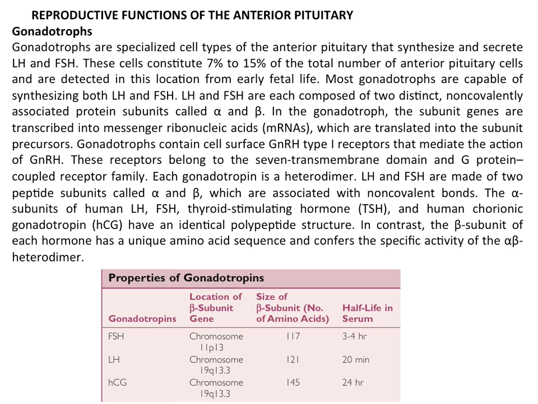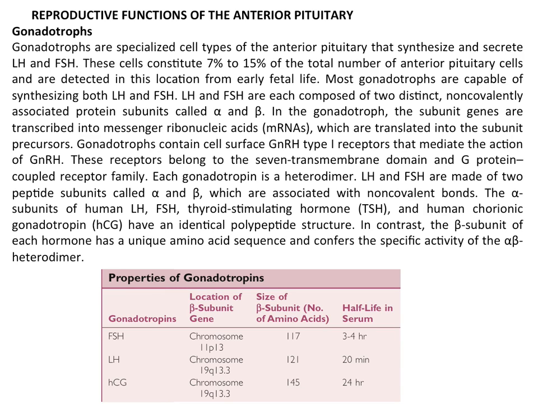Now, reproductive function of the anterior pituitary. The anterior pituitary, as I already discussed, is made up of many gonadotroph cells. So the gonadotrophs are the cells of the anterior lobe of the pituitary which produce two important hormones, that are LH and FSH. And these LH and FSH secretions are activated by the action of GnRH.